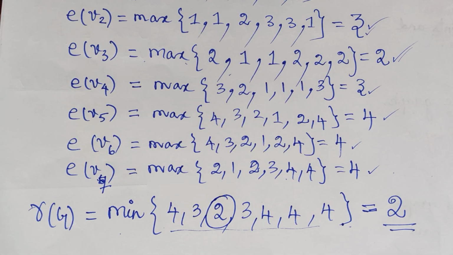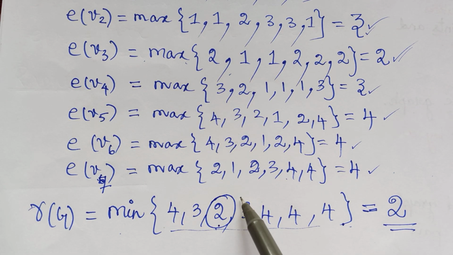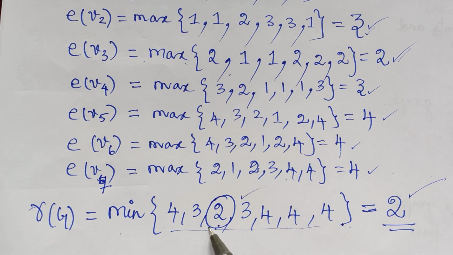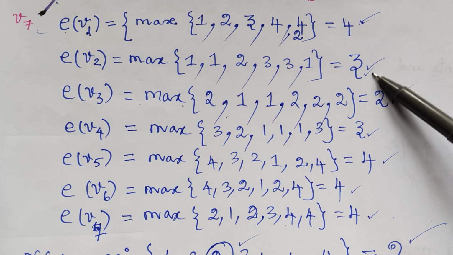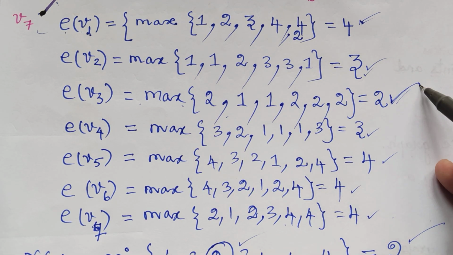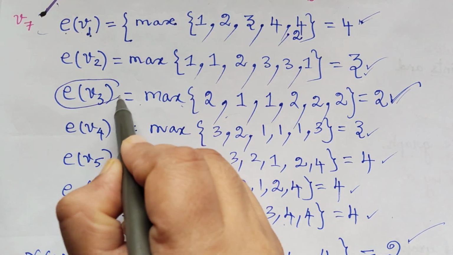So which was the vertex that had minimum eccentricity? We have found the minimum eccentricity as 2, which was the radius. Which one gave us the minimum eccentricity of all these values? It was this vertex, that is vertex V3.